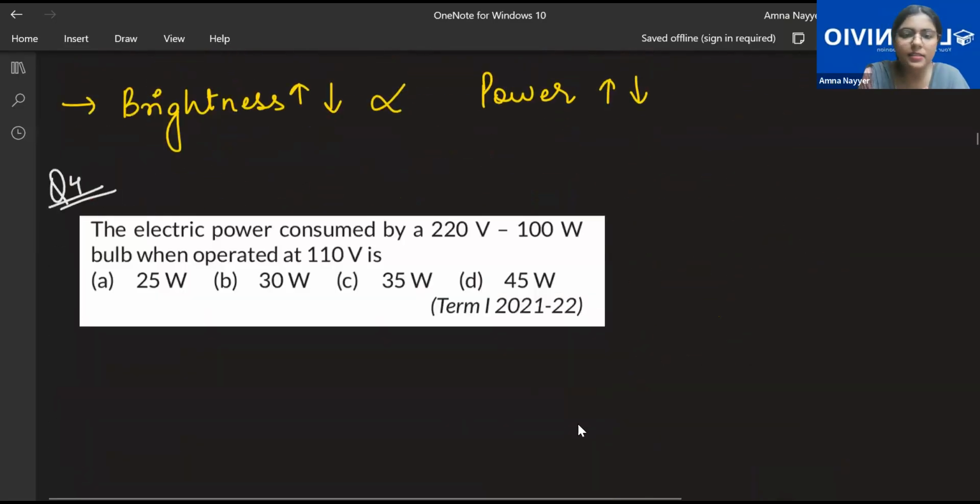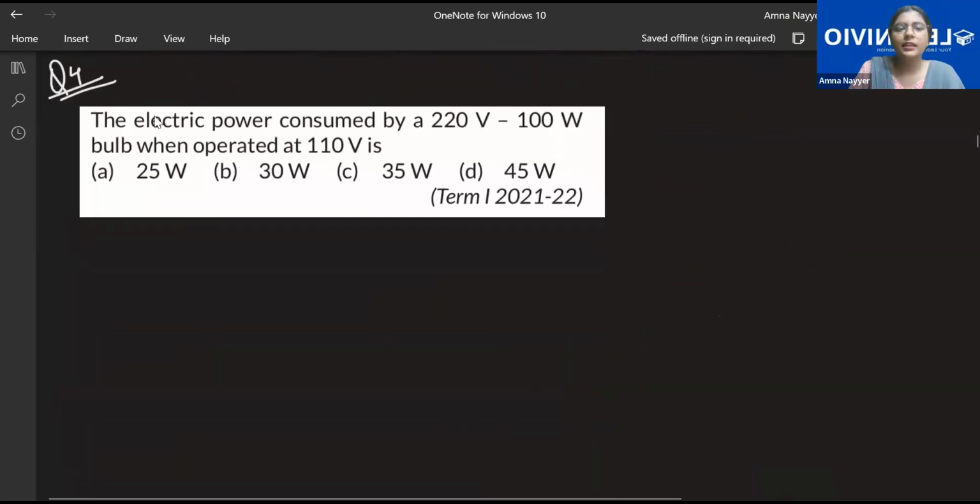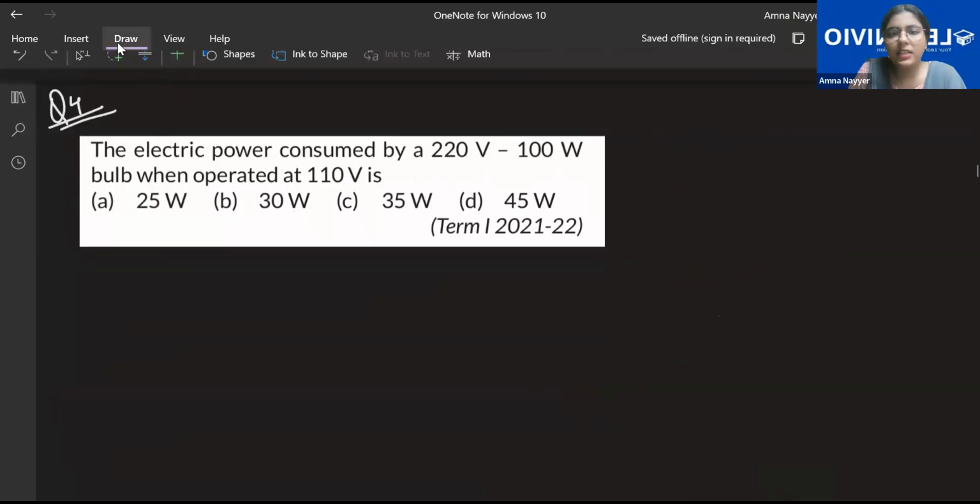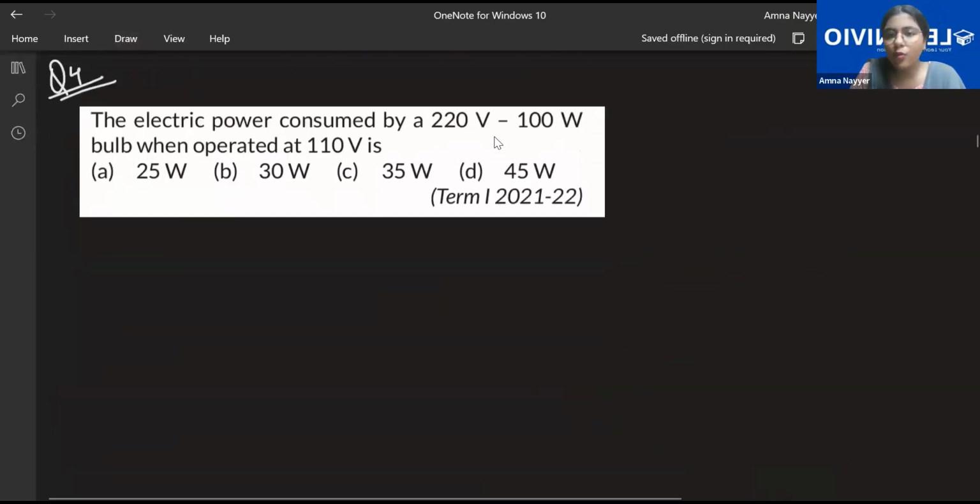Let's practice a question. This says the electric power consumed by a 220 volt 100 watt bulb. Now see, this is what I was referring to. When this is given, it means it's the rating of the bulb.